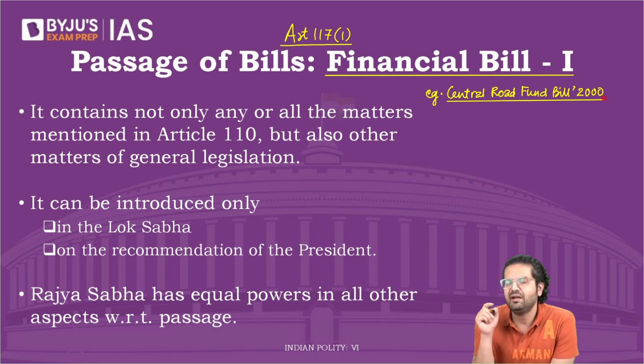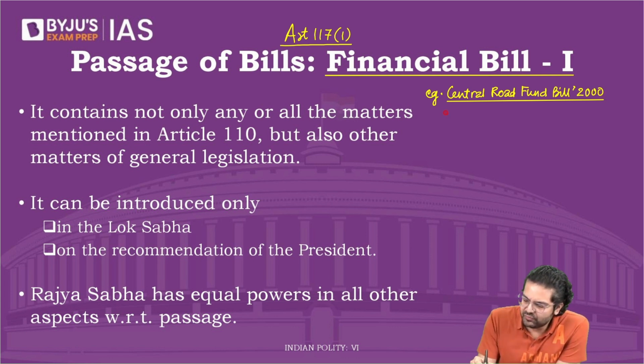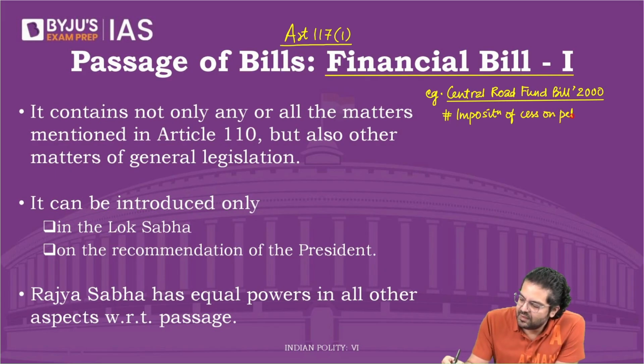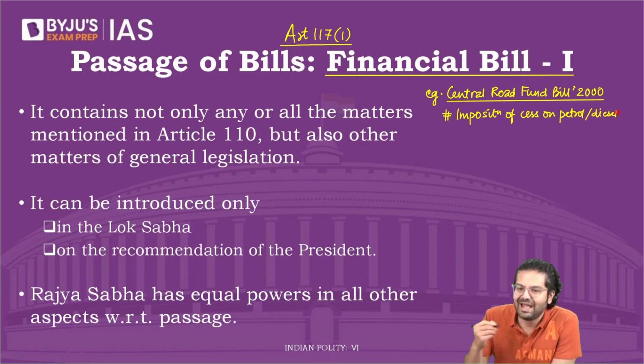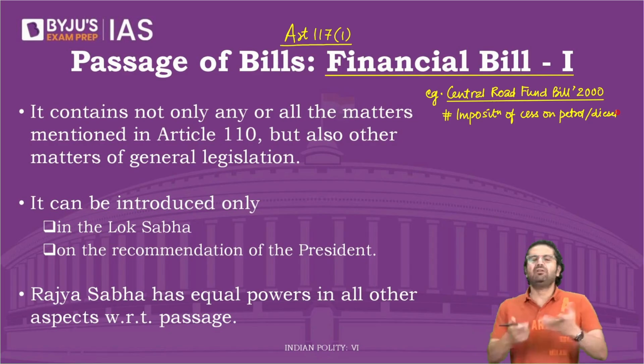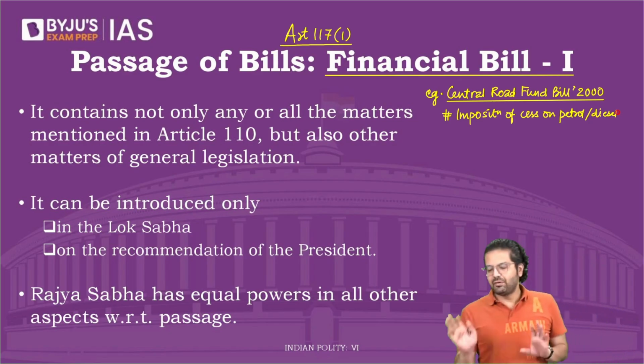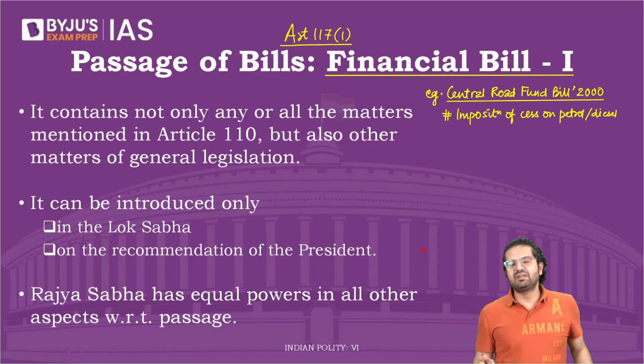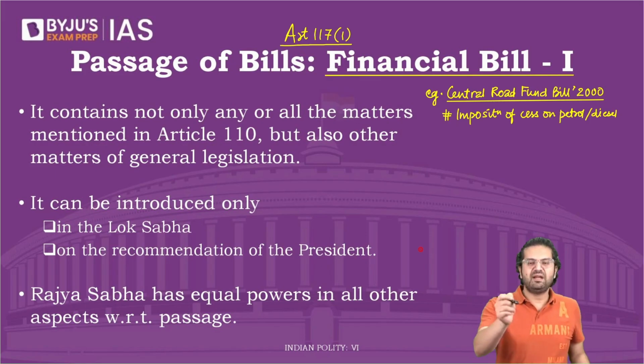So the government said, let's do one thing. Let's impose a cess, an additional tax on tax, some kind of tax on petrol and diesel. Whoever purchases petrol, diesel, they have to pay some additional amount in the receipt only.